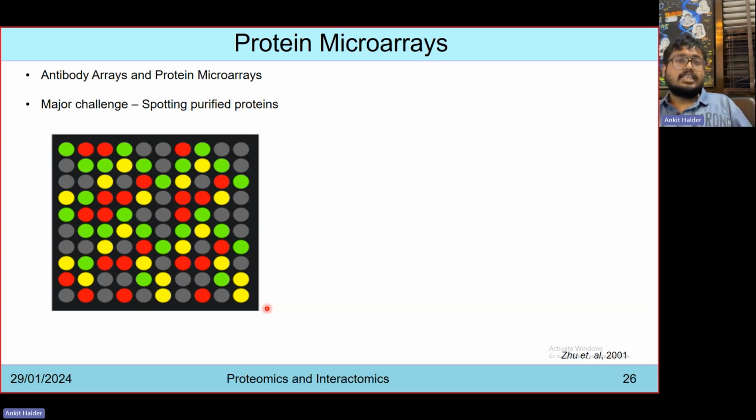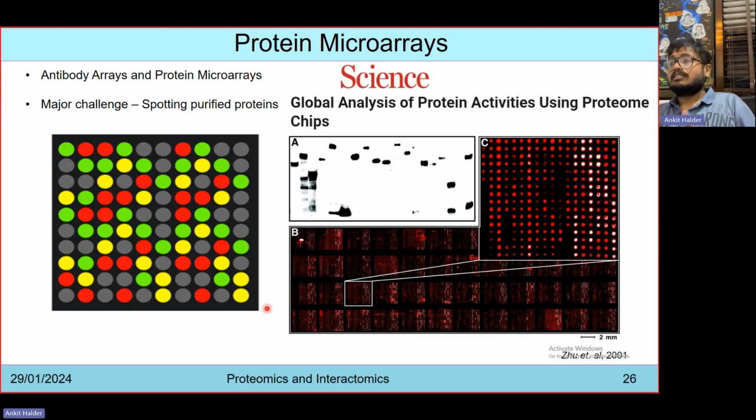The major challenges in this setup are purifying the proteins out of E. coli or whichever expression vector system you are using, and then spotting them. But still, in 2001, it was shown that around 5,800 protein clones were spotted and used to find out interactions, and they also gave interactions with different biomolecules that could be understood.